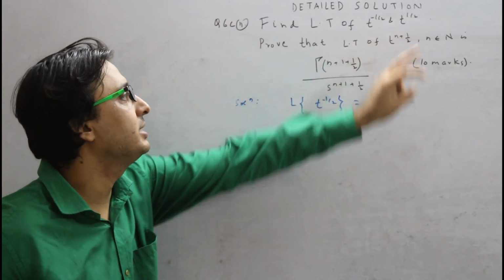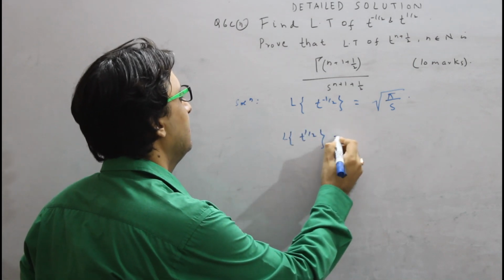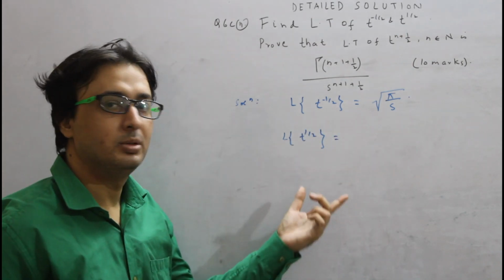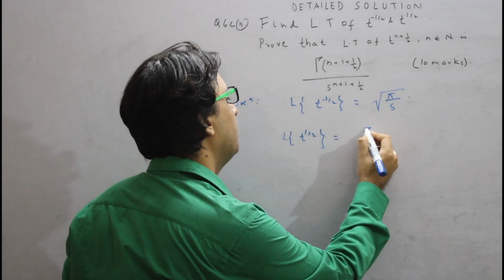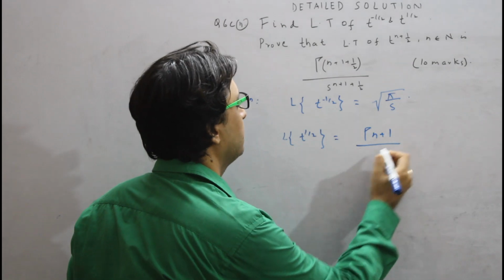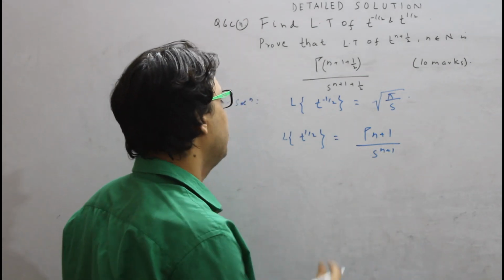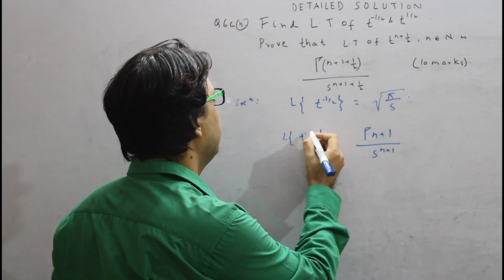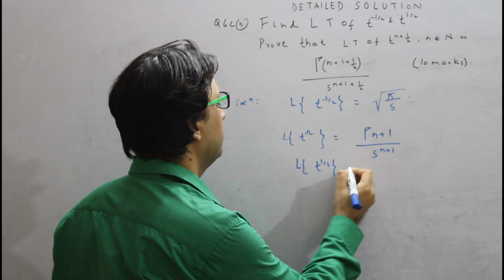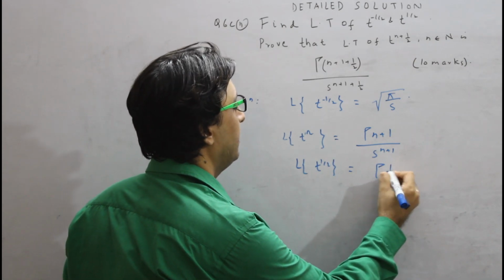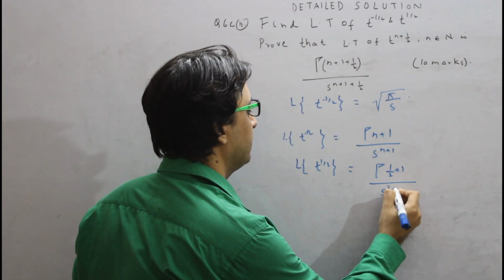Now we have to find the Laplace transform of t to the power half. We can also do it through the fundamental definition, but here we can directly use a formula because it's only asked for 10 marks. This is the formula for n. So the Laplace transform of t to the power half is gamma of half plus 1 divided by s to the power half plus 1.